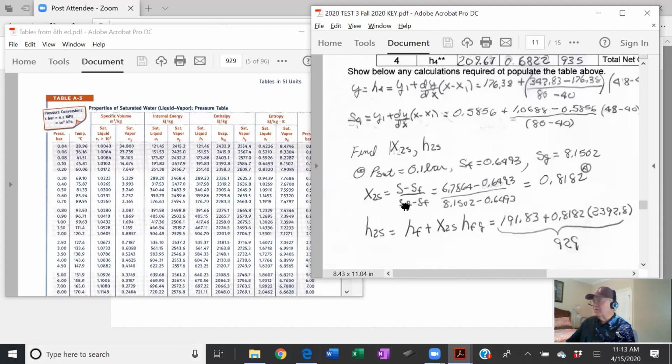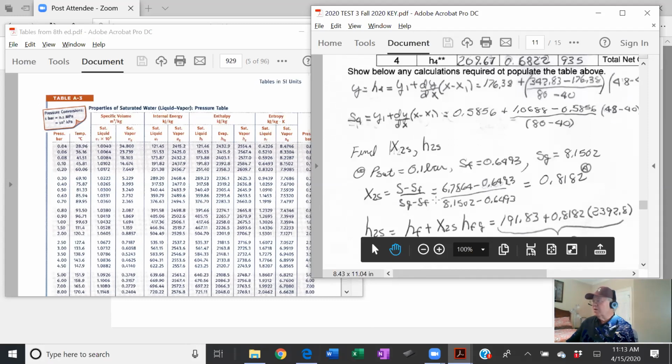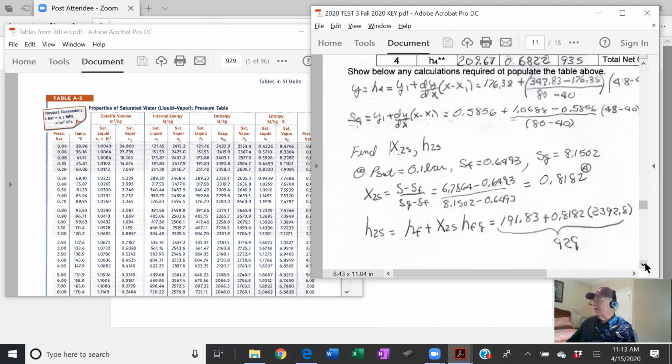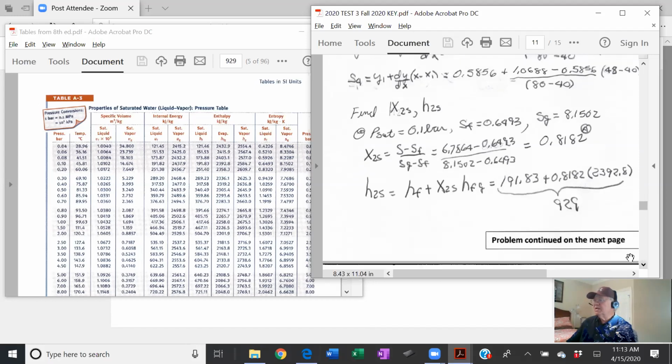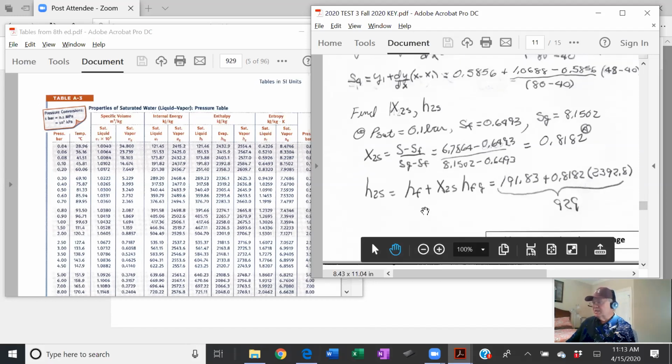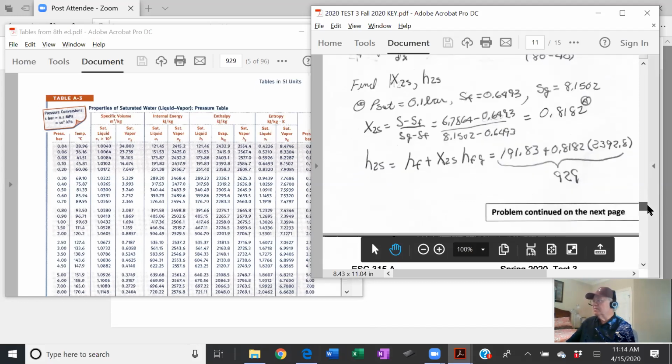These all come from the 0.1 bar. Then I get 0.8182. Now I can calculate H2S directly as HF plus X of 2S, the quality, times HFG, and I get whatever I came up with.